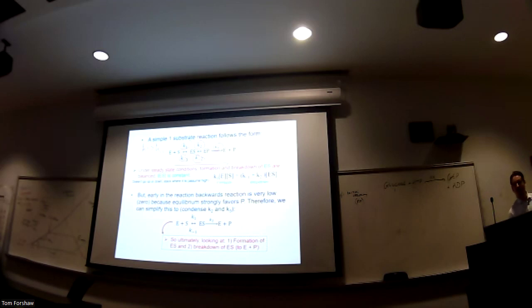The rate of breakdown and formation are equal, and it forms by this K1. Remember, for second order rate kinetics, the velocity is equal to the rate multiplied by the concentration of one, multiplied by the concentration of the other.